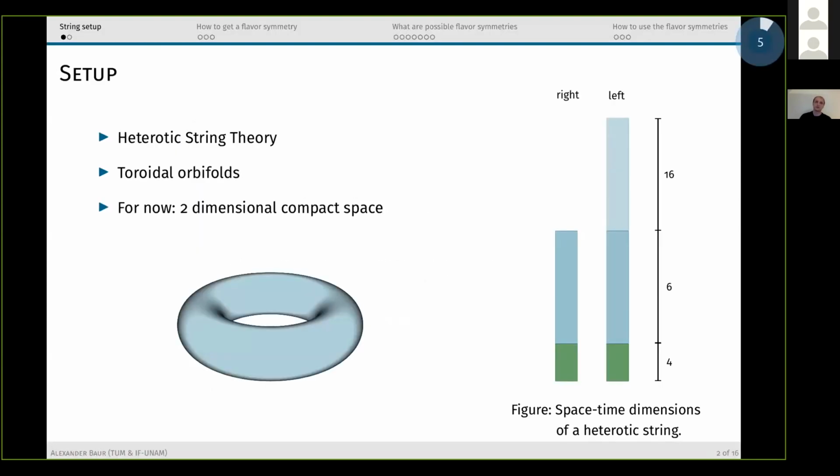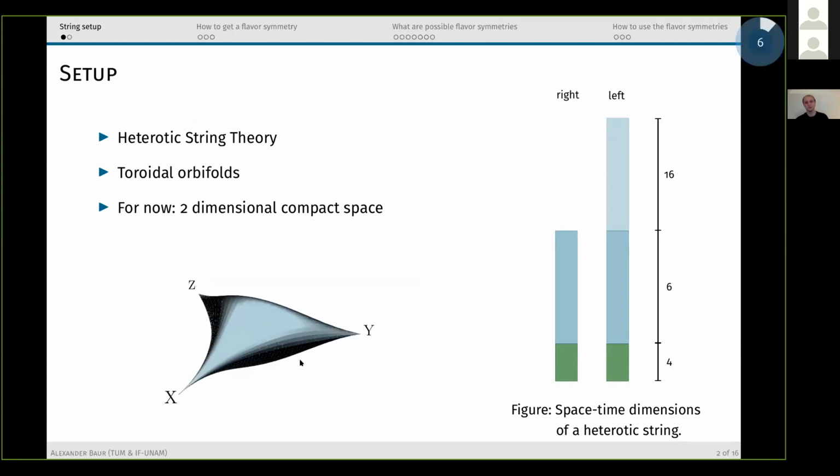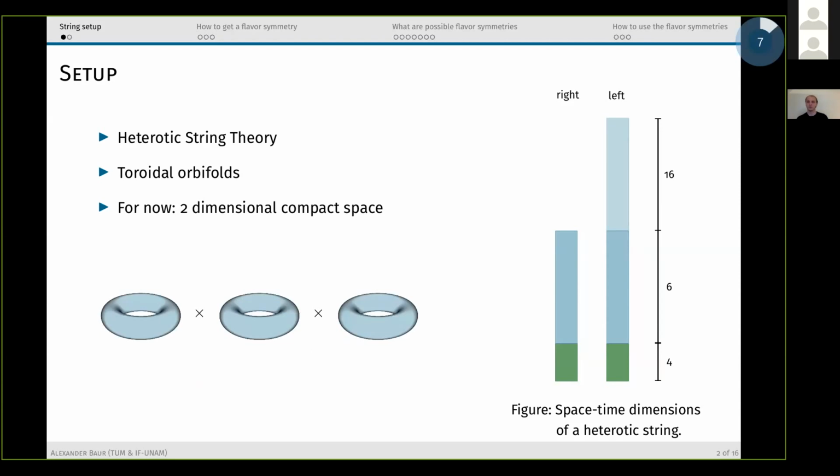So my theory of choice would be the heterotic string theory, and we compactify the extra dimensions on toroidal orbifolds. This is a toroidal orbifold, for example. And for now, we're only doing a two-dimensional compact space, but we can simply work our way up to a 6-dimensional space by this like building block principle. Okay.